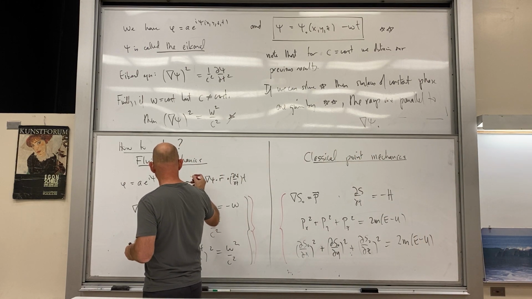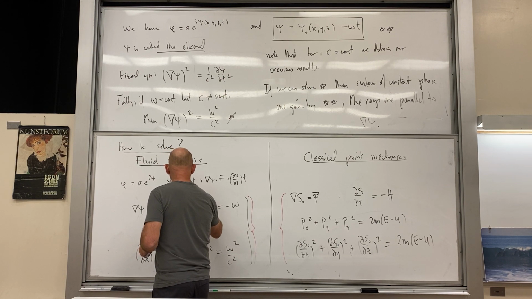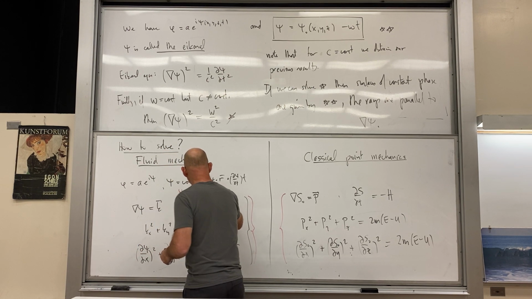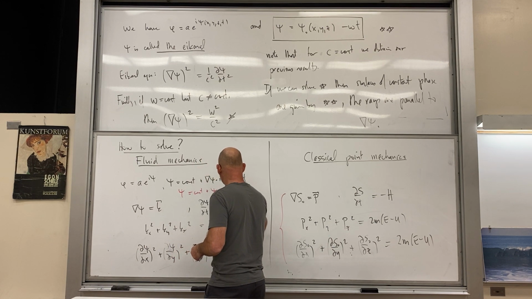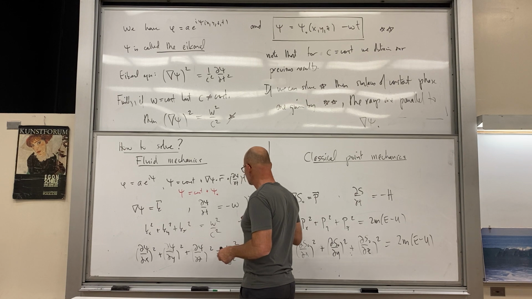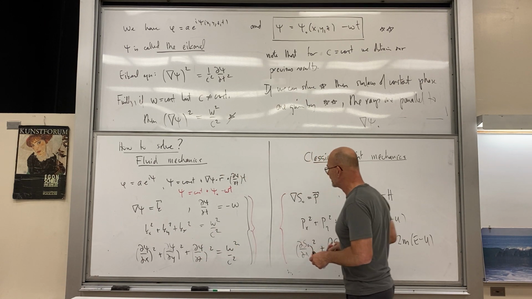We have C equal to some constant plus C0(x, y, z) minus omega t in this case.